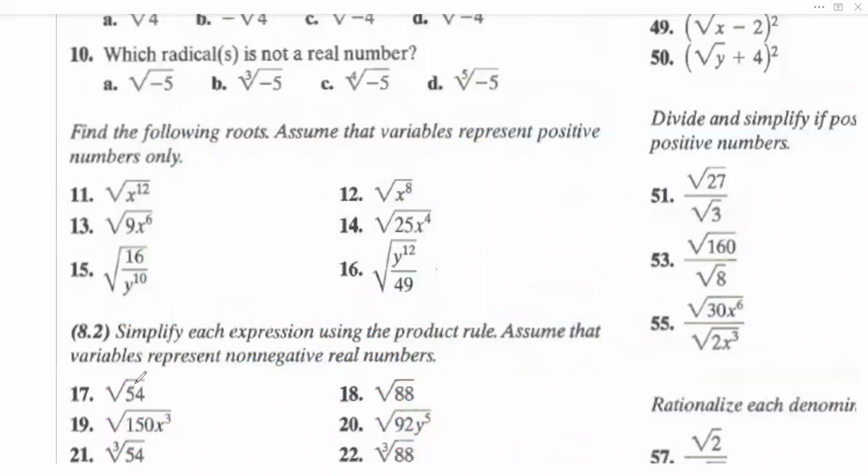Number 11. Only one term is inside here, and we consider the variable to represent a positive number, greater than or equal to 0, right? X is positive. All right, so let's see the answer here. Number 11, it became 6, right? 12 divided by 2, so here equals 3x to the power 3.